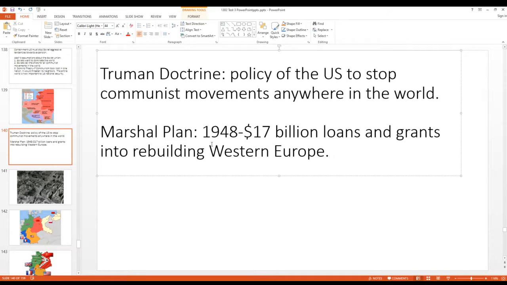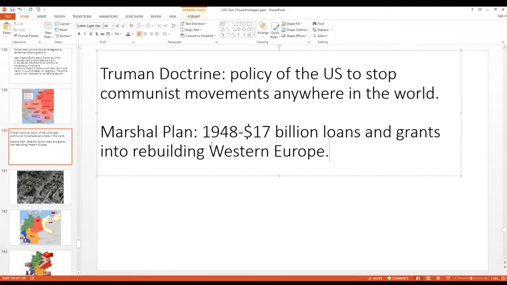A lot of that money is going to be spent by Western Europe buying stuff from the United States. So it's also a way to keep our economy humming along in this rebuilding of Western Europe.